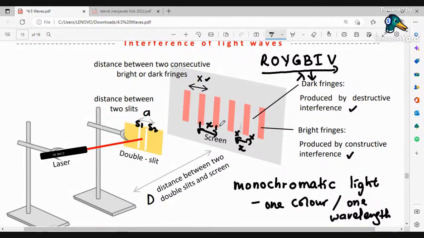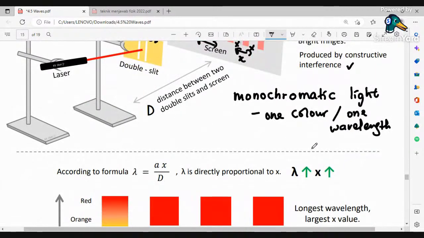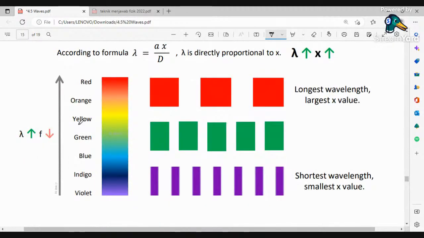If you use red color, you have this length, X. If you use blue color, the fringes will become closer because the wavelength decreases when you change to blue. Let's look at this one: red, orange, yellow, green, blue, indigo, and violet.